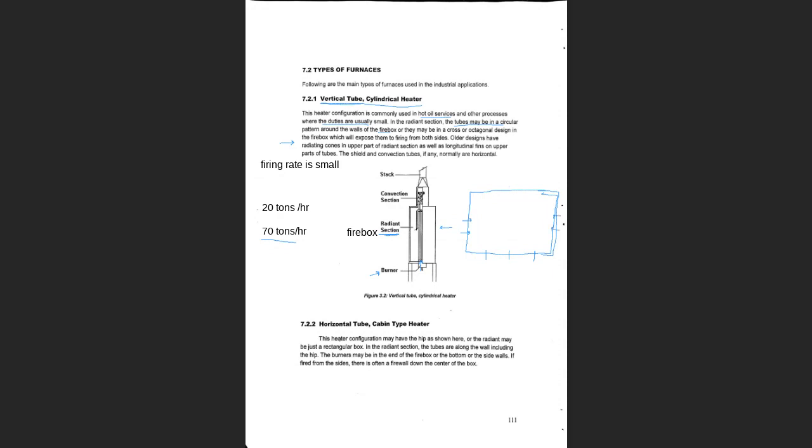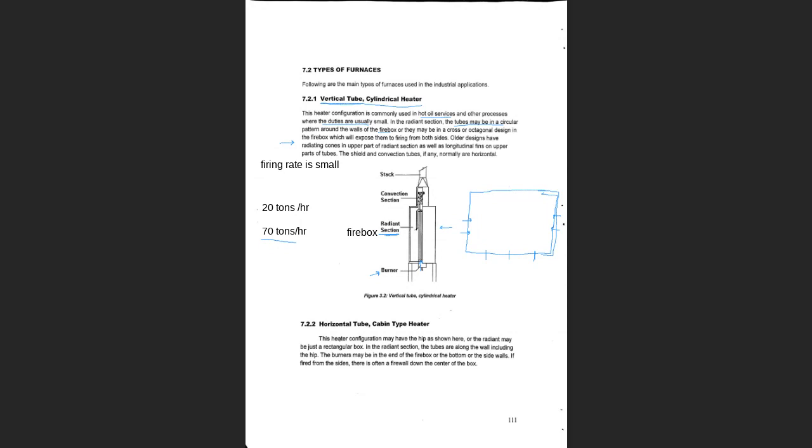It depends on the design and on several factors: how the temperature is to be distributed inside the firebox or the radiant section. Are you looking for uniform temperature distribution? If you want that, definitely the firing rate has to be a lot more compared to having only floor burners.